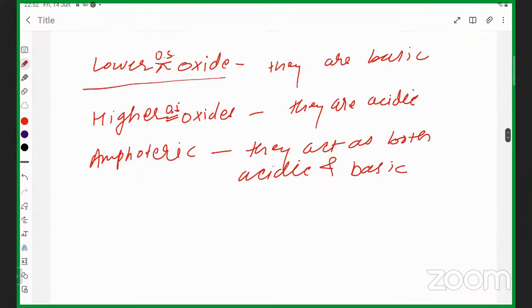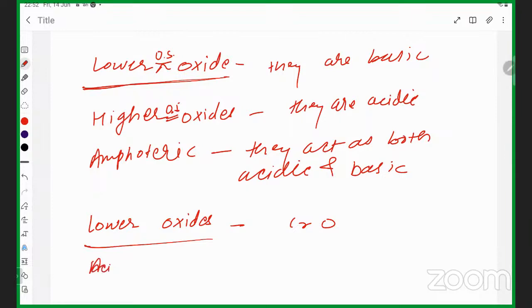Okay. So first of all, we are talking about lower oxides. What are the lower oxides if you are talking about basic? Like CrO. This is a basic oxide. Now, if I talk about acidic oxides, we can write any oxide.